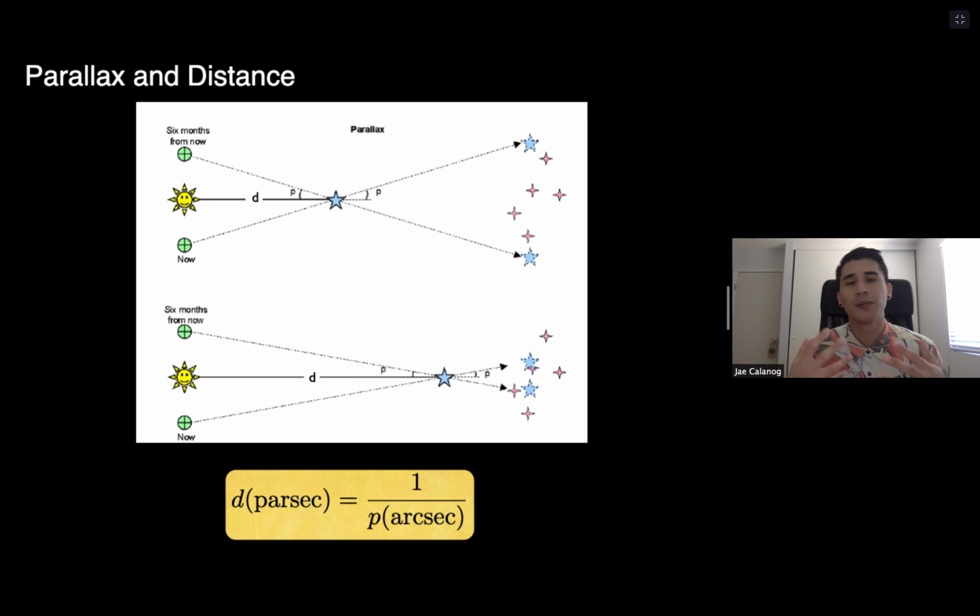And we've already talked about that before: the larger the parallactic angle P is, the smaller the distance, which translates to the star being closer to you. That's what we're going for here. We're not actually going to be plugging in values, more about the reasoning and the conceptual idea behind this expression.